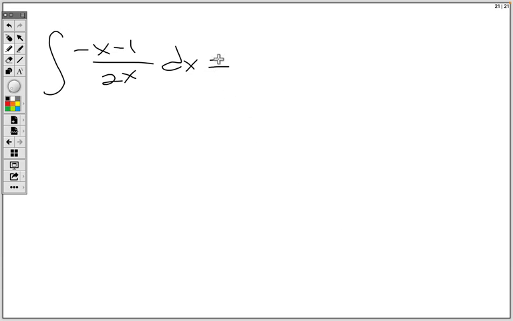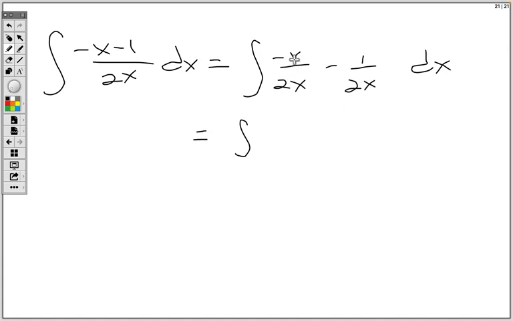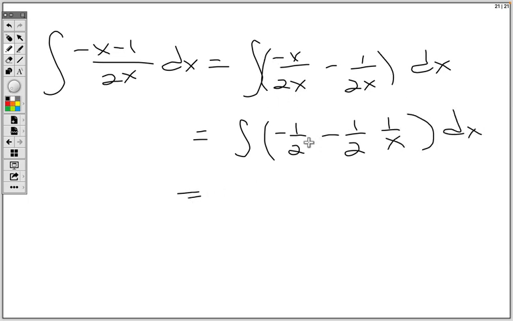Yeah, split it up. So minus x over 2x minus 1 over 2x dx. The first term there, what happens to the x's? They cancel. And I got a minus 1/2 times 1 over x dx. So integrate that.